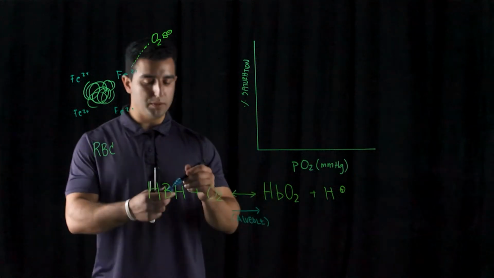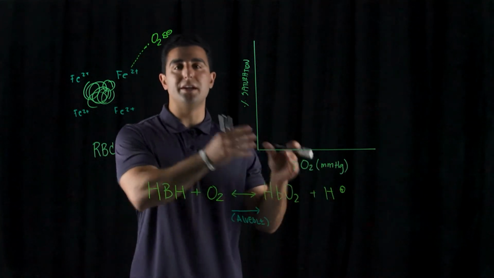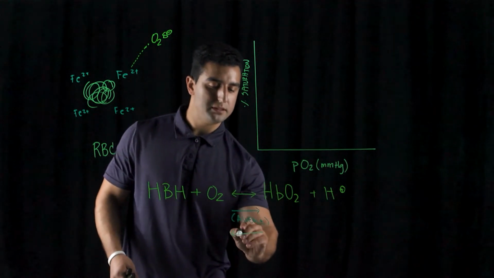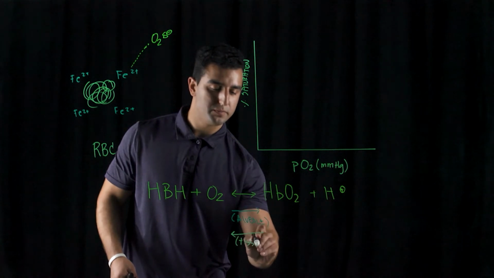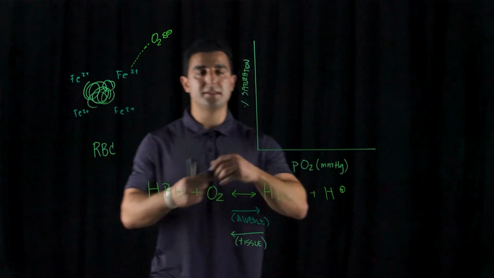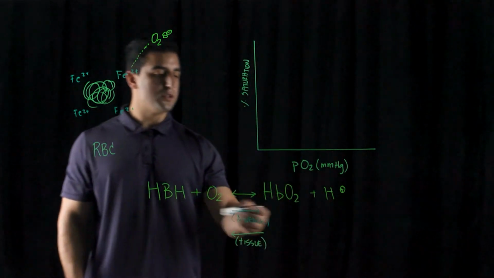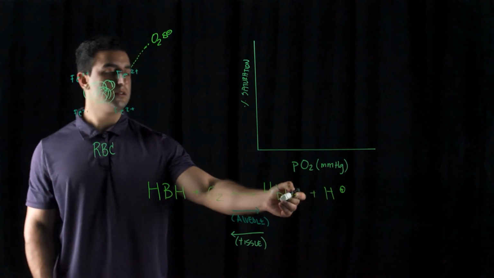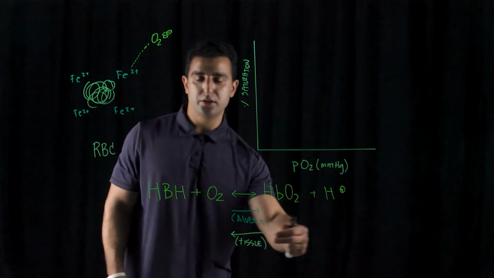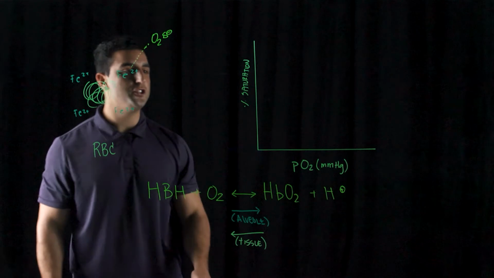When the hemoglobin becomes deposited into the actual tissue and it releases the oxygen, this direction happens in the systemic tissues. That's why it's reversible, because both of these are constantly happening throughout the systemic and pulmonary circuit. So going towards the oxygenated hemoglobin happens in the pulmonary circuit, and going into the reduced hemoglobin happens in the tissue or the systemic circuit.